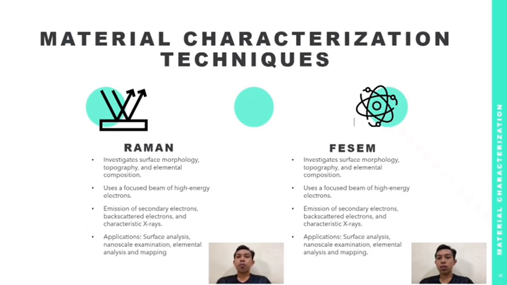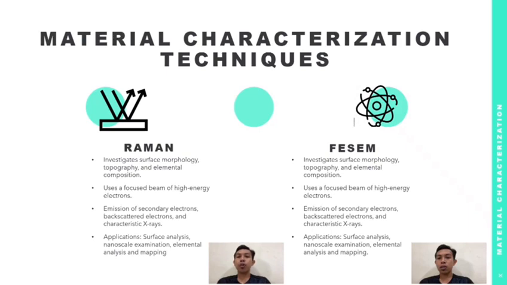Raman spectroscopy is yet another powerful tool for material characterization. It provides information about molecular vibration, chemical bonds, and crystal structure. Raman spectroscopy analyzes the inelastic scattering of monochromatic light to obtain a unique fingerprint of a material's vibrational modes and chemical composition.